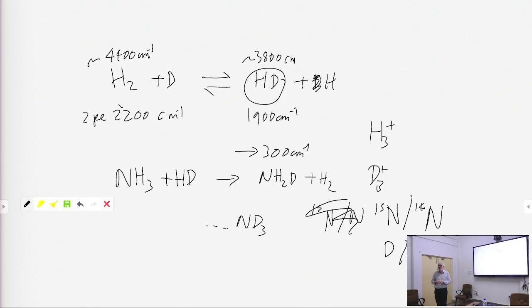So fractionation is really important in the interstellar medium, but it's actually found in our own atmosphere and in other planetary atmospheres around here. And it's an artifact of something very simple called the zero-point energy. And the zero-point energy is a consequence of Heisenberg's uncertainty principle. We're celebrating 100 years since Heisenberg invented matrix mechanics.